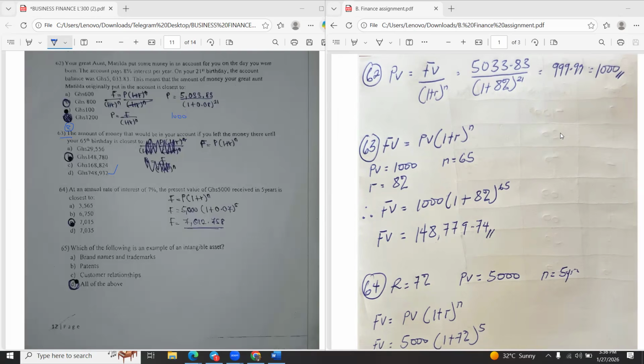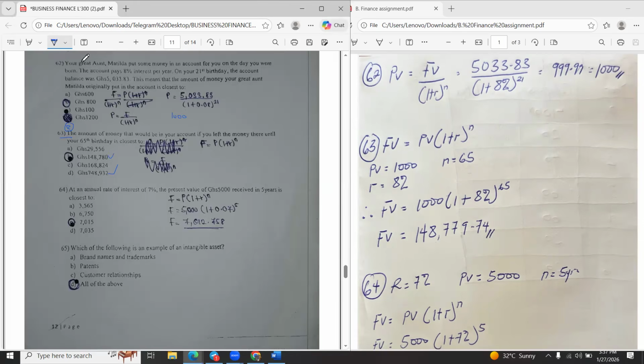For 63, we didn't use the 503.83, but rather we used the present value of 1,000 at a rate of 8% for the 65 years, and we had 148,779.74. When I round it off to the nearest whole number, I have 148,780. That is how come I selected 148,780.